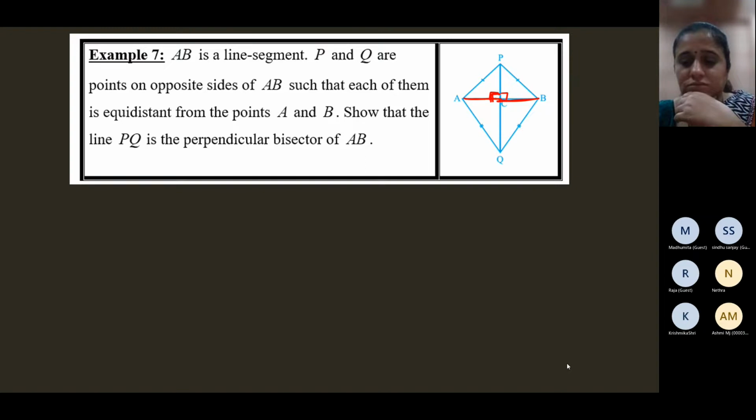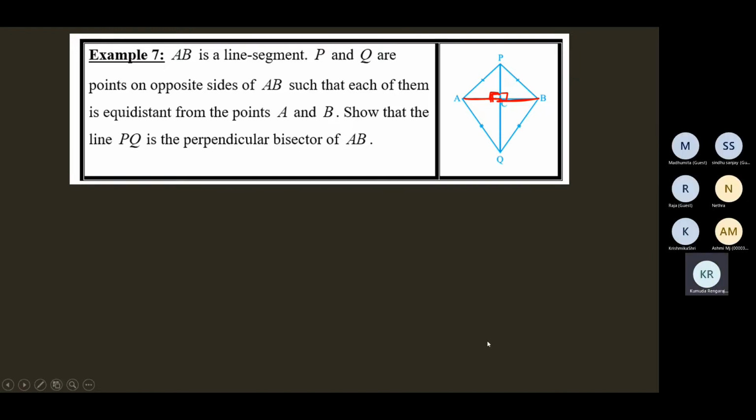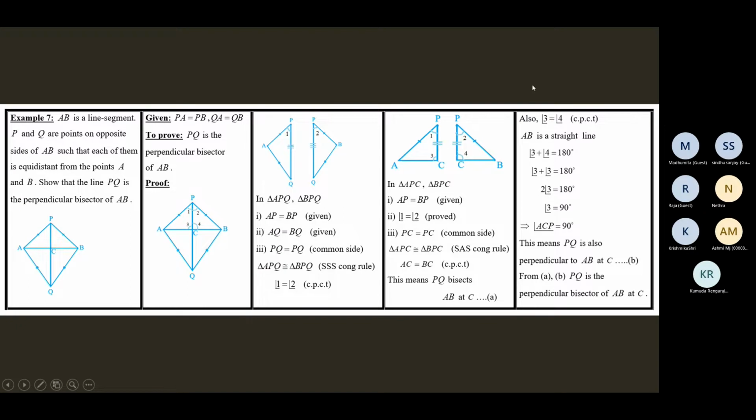Go through the answer, children. Haven't shared this answer slide, right, children? Yes, ma'am. Yeah, please write down then.